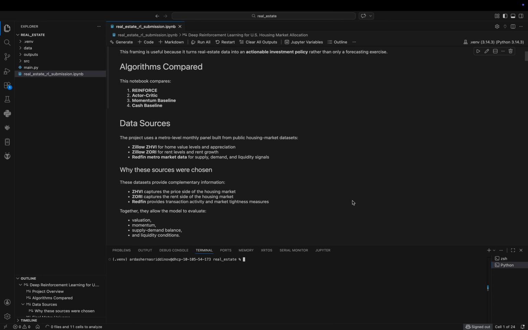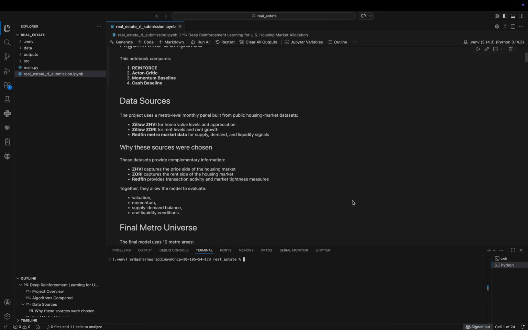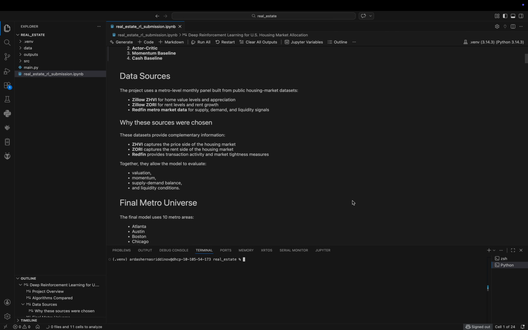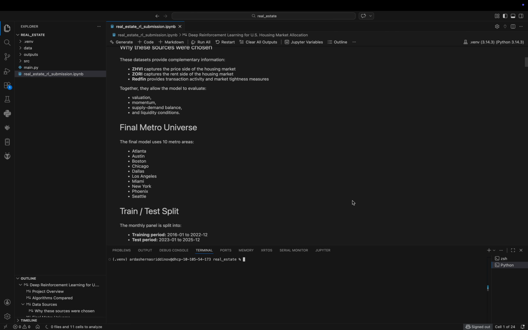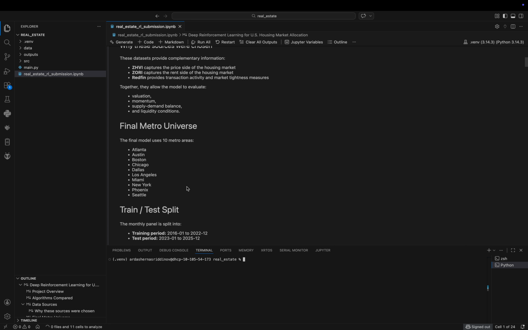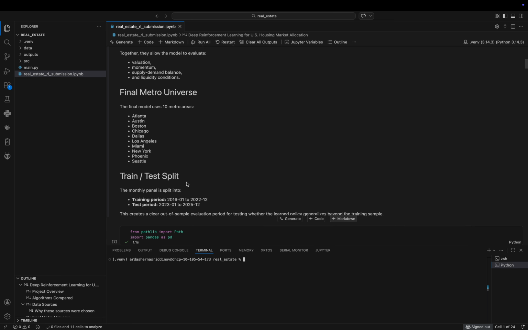In terms of data, I used the Zillow rent and home value data sets, ZHVI and ZORI, as well as the Redfin metro market data for things like supply, demand, and liquidity signals, which was just market conditions, essentially. Then I ended up picking 10 metro areas, just some big cities to focus on.